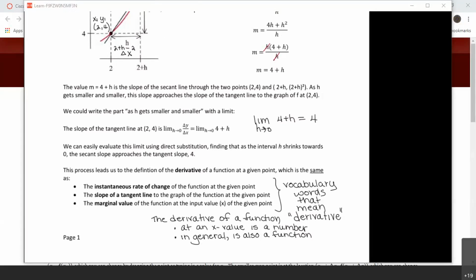Okay, and those numbers, again, are the instantaneous rate of change of the function at that x, slope of the tangent line at that x, or the marginal value of the function at that x. This last one is going to be the most interesting to business majors, because it's going to help you do applied problems. If you see an applied problem and you have a function that's asking for marginal value, you're going to know I need to take a derivative here. Okay, so that's kind of how it's going to help.